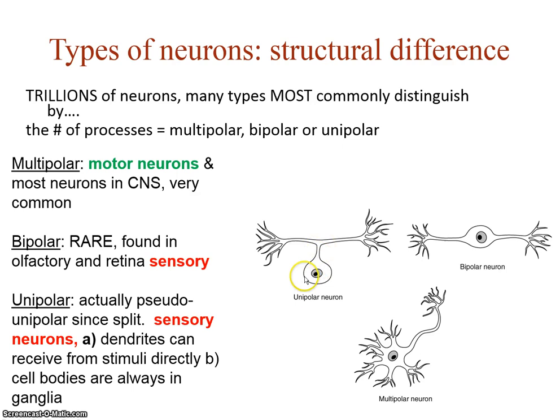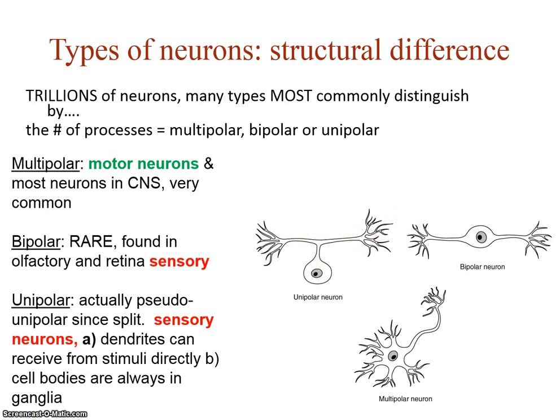Unipolar, so the cell body has really only one process. So it's pseudounipolar because it splits. It's one that comes off the cell body, but it splits almost immediately. Right? These are general sensory neurons. So there are dendrites that receive and bring it to the cell body, and then axons that take it away.